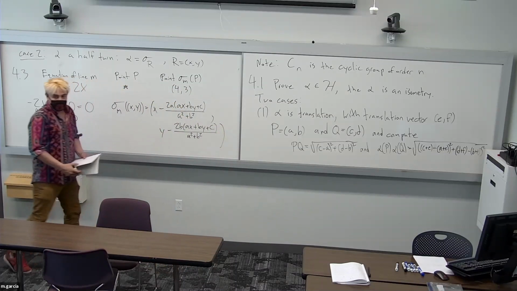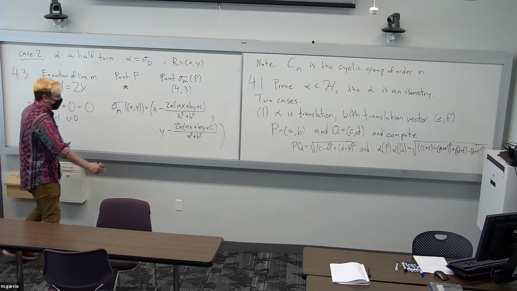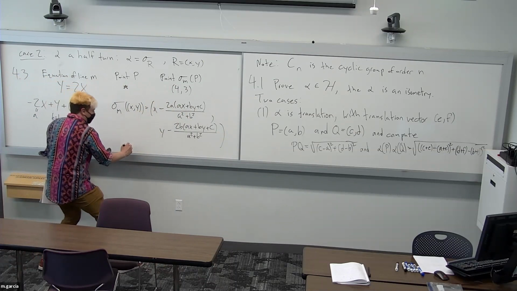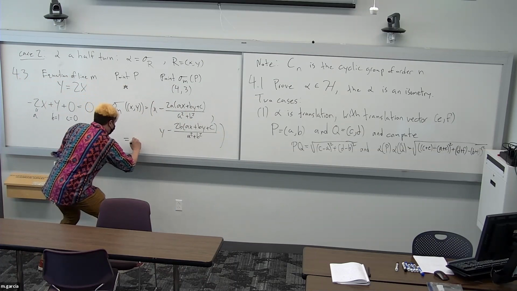That's my ordered pair, right? And I set this equal to the point they give me, 4, 3.